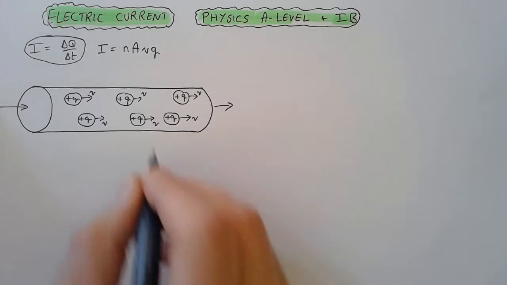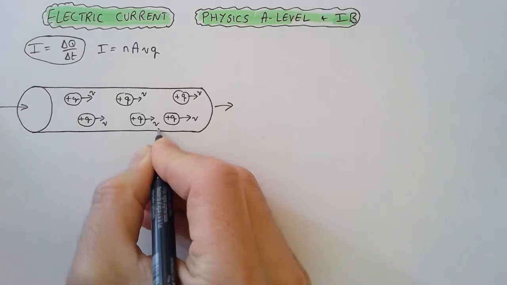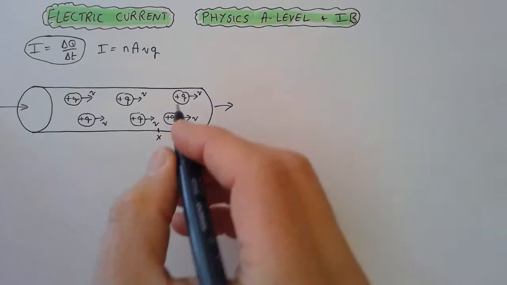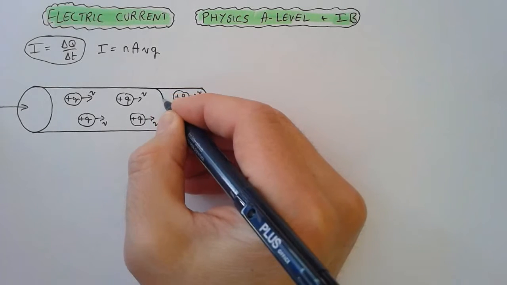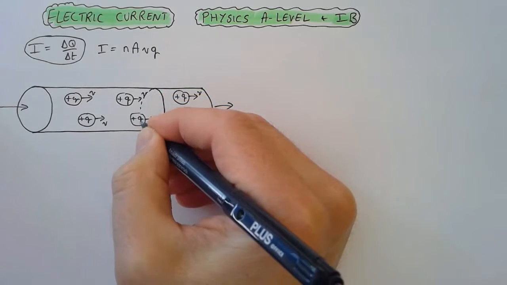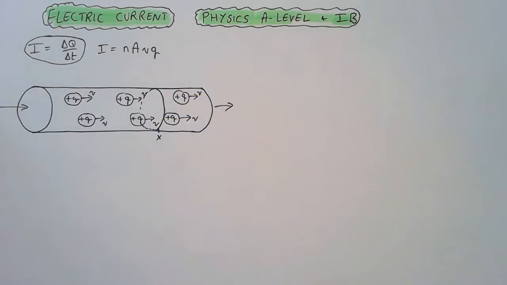What we could do is pick a point, for example point X there, and just watch that point for a second and see how much charge passes by. So what we'd really be doing is seeing how much charge passes through that wall in 1 second.